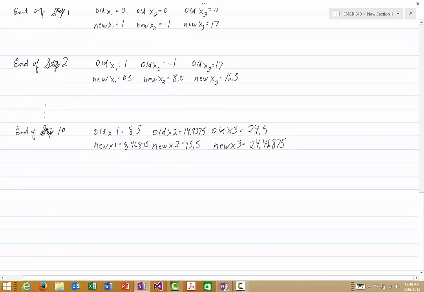I'm going to go ahead and jump down to the end of step 20, and let's see what we have then. Old x1, old x2, old x3, new x1, new x2, new x3.